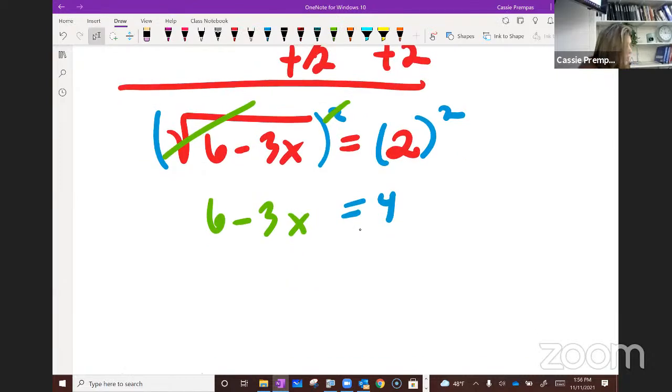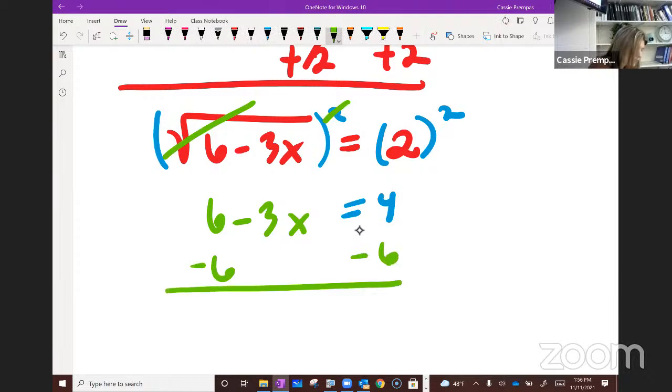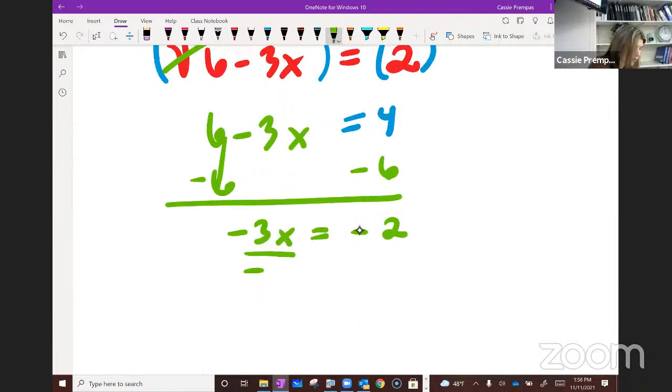Now this is a linear equation, meaning it's not quadratic. We just need to get x by itself. So we'll subtract 6 from each side, giving me -3x is equal to -2. Divide both sides by -3. What's a negative divided by a negative? Positive, so the answer would be positive 2/3.